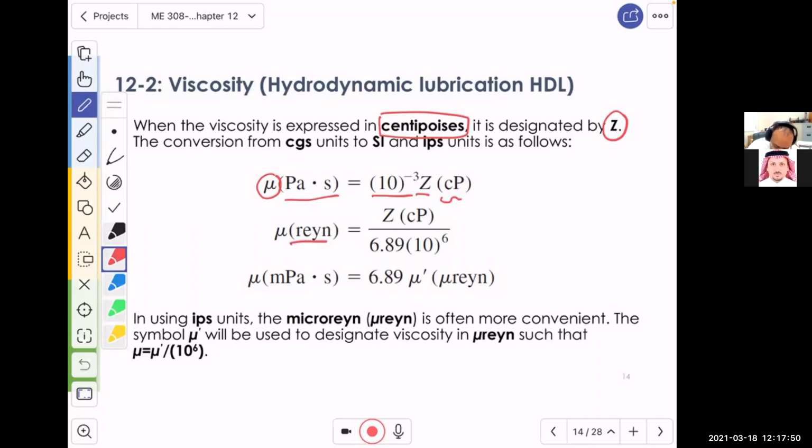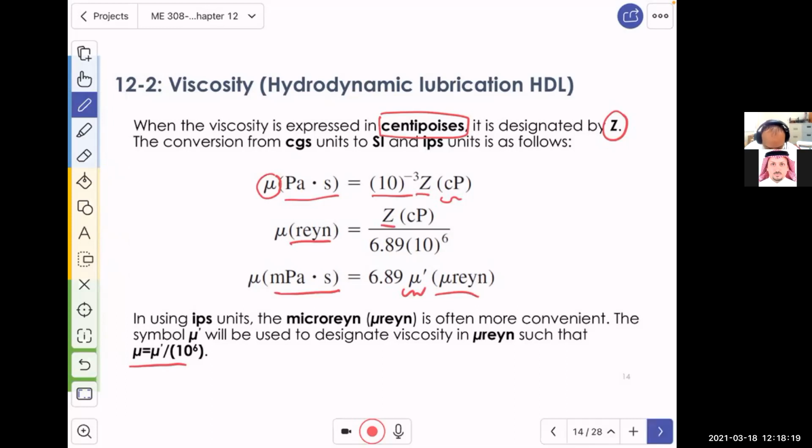And here we have it between Reyn and centipoise, and here between a micropascal and then a microreyn. Okay, just for the record, a microreyn is given here. Like you see, we are putting mu prime. Mu is actually equal to mu prime divided by 10 to the power 6.